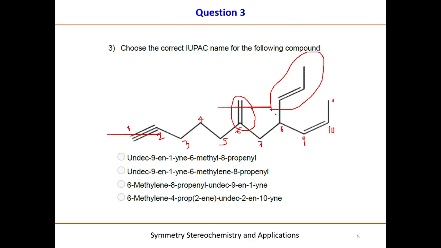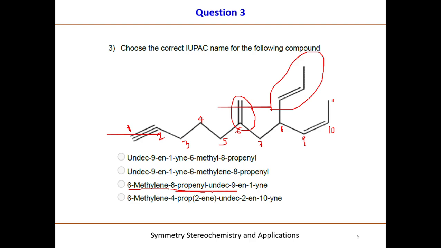Because we are giving numbering from the triple bond side, we write 6 and 8. Between methylene and propynyl, methylene will come first, because in alphabetical order M comes first. That's why we write 6-methylene, 8-propynyl, undec.